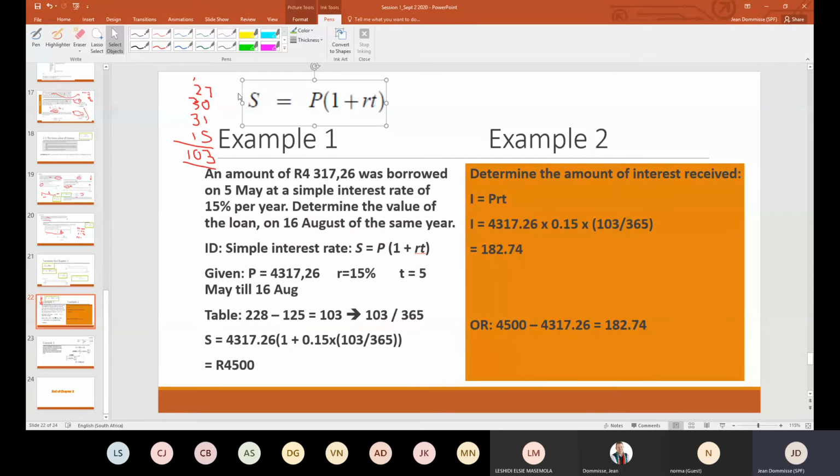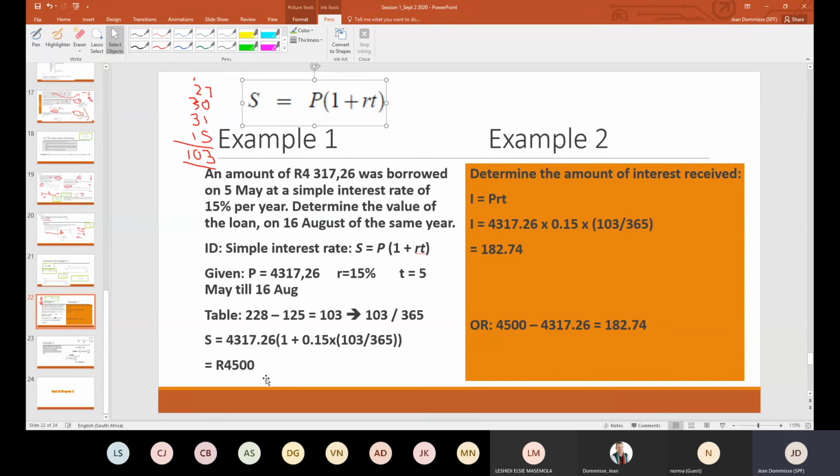So the future value is basically the present value, that is the 4,300. In the brackets, we have a 1. We know what the interest rate is, that is 15%. And the T is basically the 103 divided by 365. And then we will get an amount of 4,500.